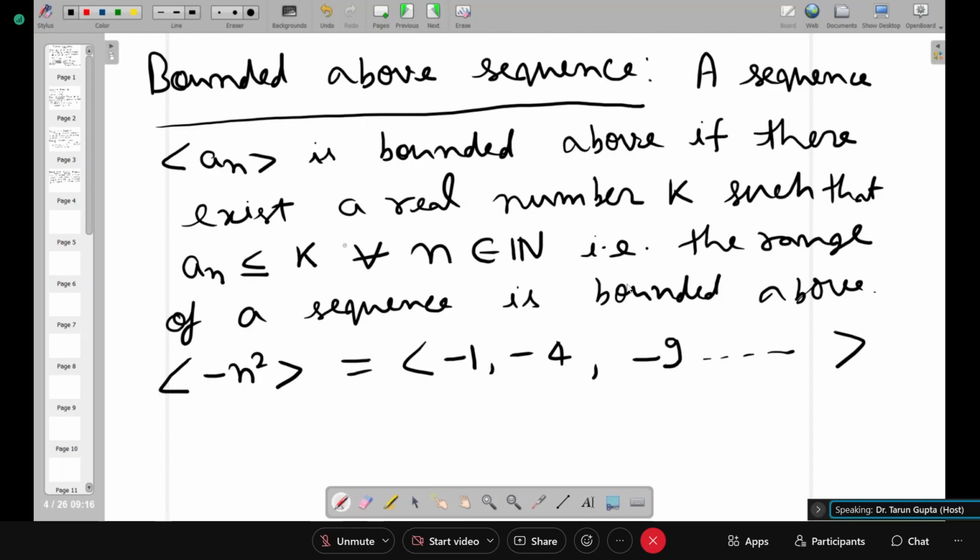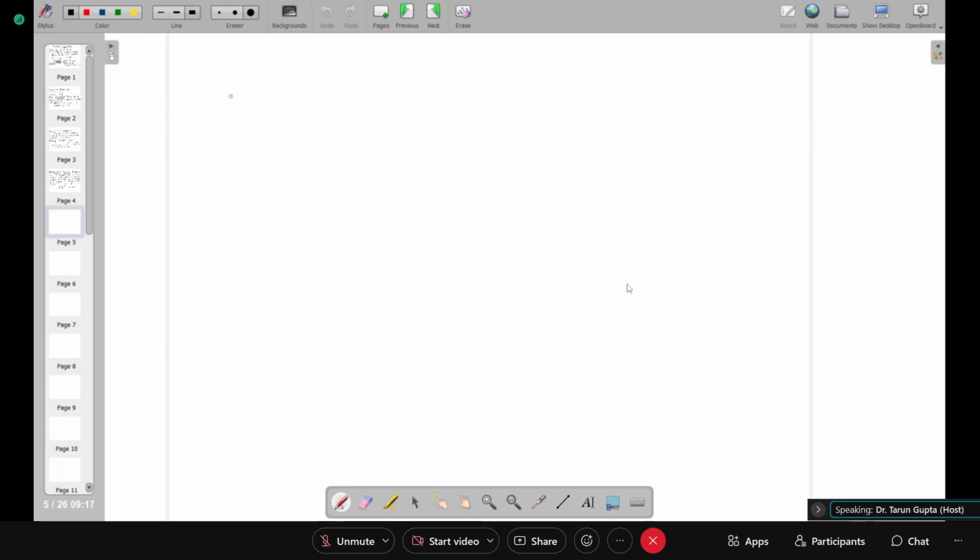So here the k value is -1, meaning all the terms of this sequence are less than or equal to -1 for every n belonging to natural number. So -1 is the bounded above element.